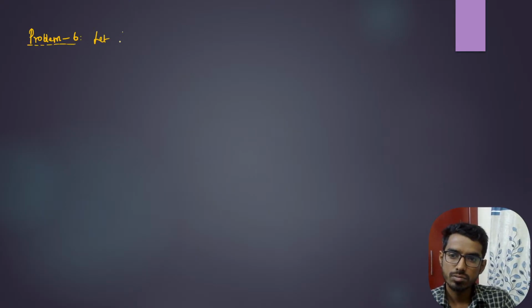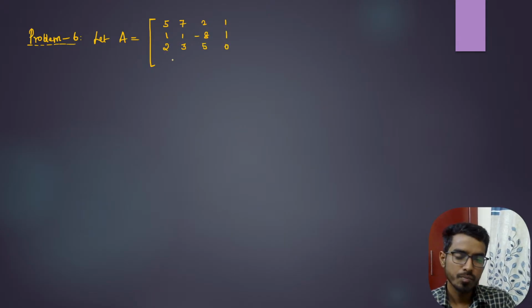Let A be a given matrix, which is 5, 7, 2, 1, 1, 1, minus 8, 1, 2, 3, 5, 0, 3, 4, minus 3 and 1. So they have given A, right?